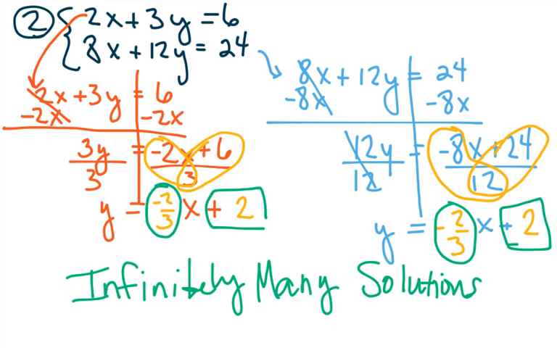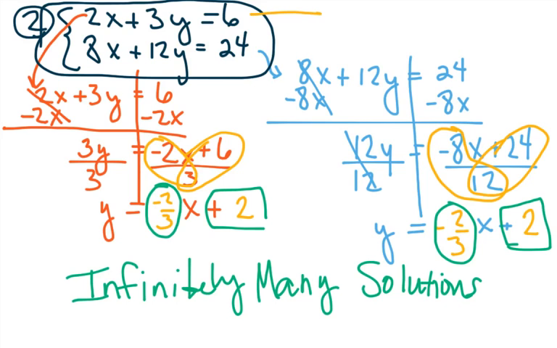All right, we have one more example, but before we do that, let's go back and observe our original problem right here. So, if we have this equation, let's take a look at it more carefully. Do you notice that if we multiply everything in this top line by 4, we end up with the bottom line here. 2 times 4 is 8, 3 times 4 is 12, 6 times 4 is 24.